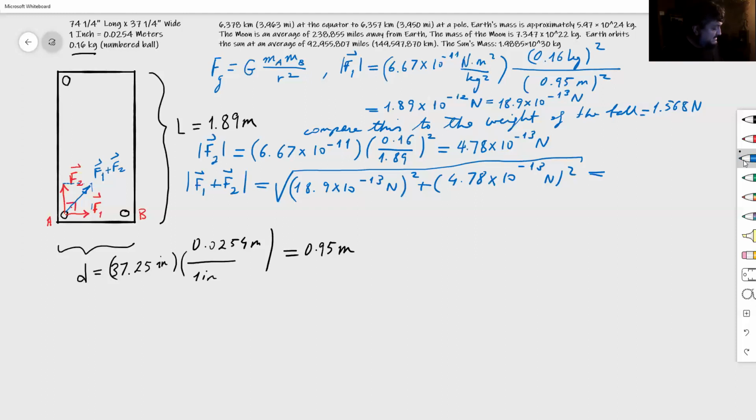So what I got is 19.5 newtons. All right, that's the net force, or the force along the xy plane, in this case the pool table, on ball A.